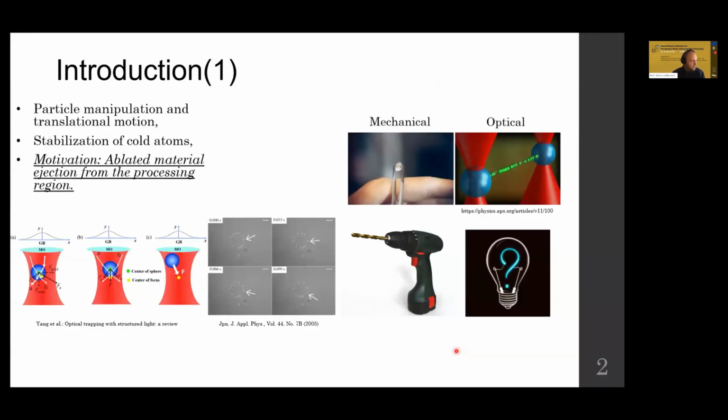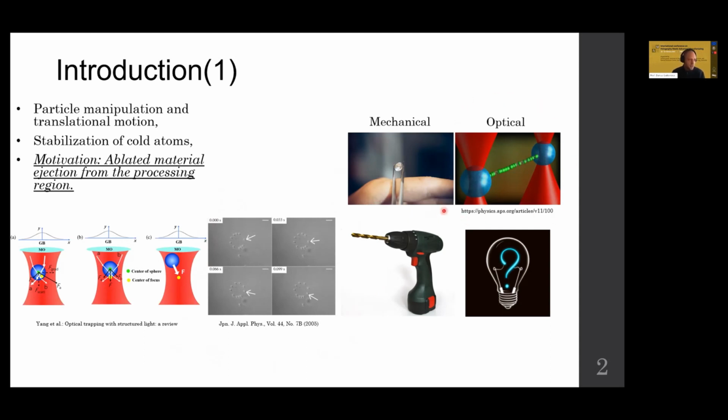So to begin with, everybody knows about optical trapping. Of course, you can trap particles using a focused laser beam, using either momentum transfer or even thermal gradient effects. By scanning the beam, you can basically move the particles around and therefore facilitate mechanical impact by using optical means.